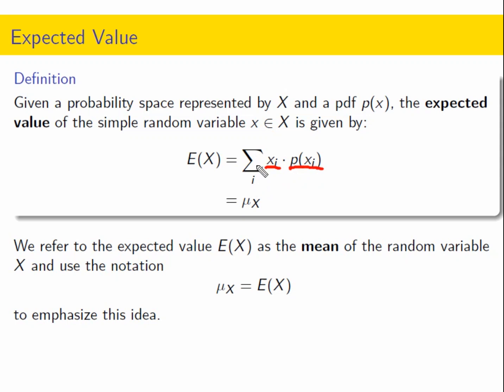It's discrete, but for example, with a geometric PDF, I would have an infinite sum. It would converge, but it would be an infinite sum. So I'm just using i as my indexing variable to indicate that we sum over every possible outcome in the probability space. We call this value mu sub x, mu standing for the mean of the probability experiment.